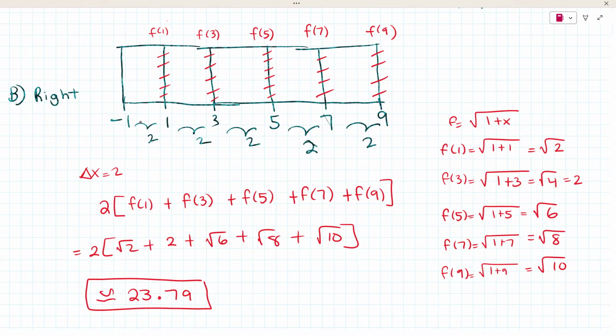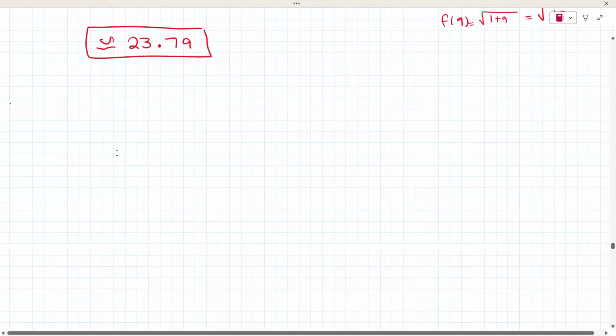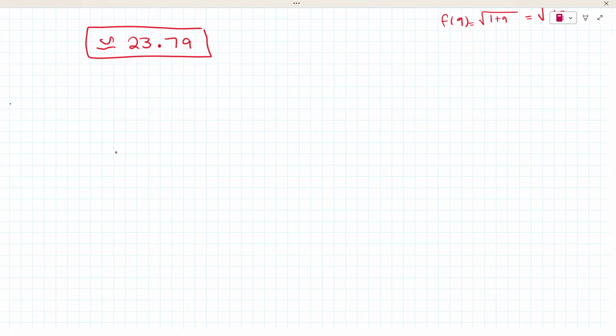Okay, so that was that one. That was B. Now let's do midpoint. So midpoint is where you have to find the height of the midpoint. So let me draw the image.